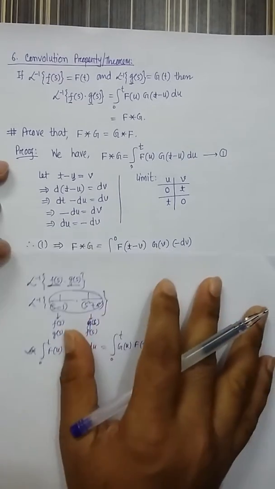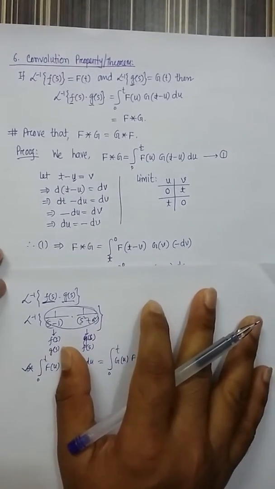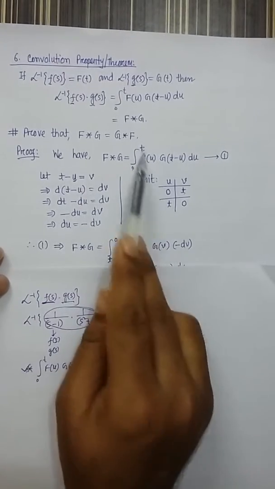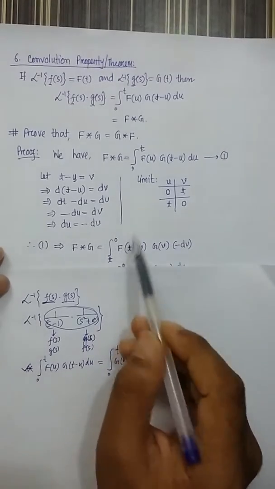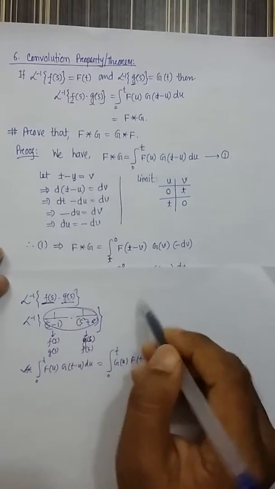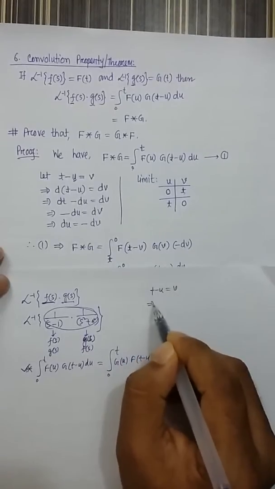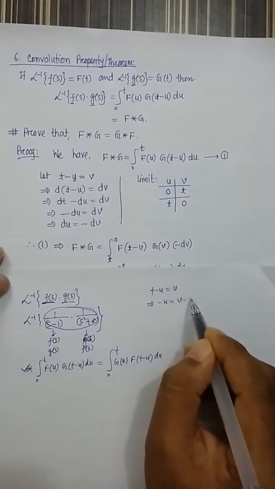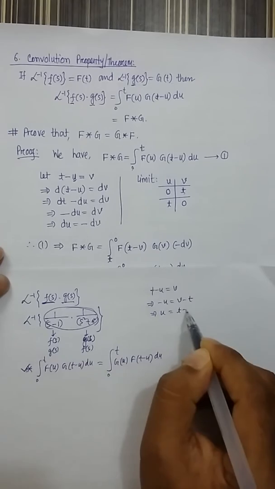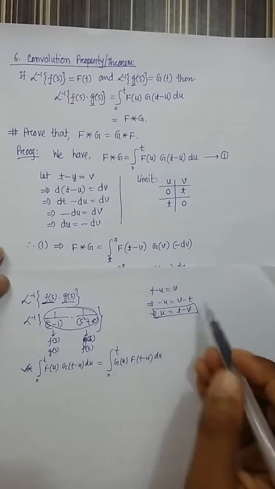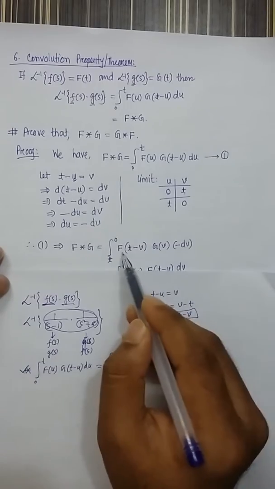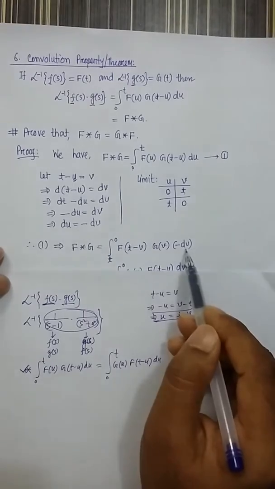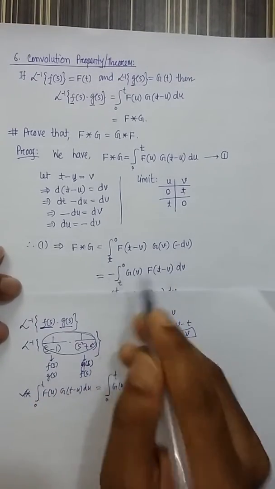Now we will just substitute. Therefore the lower limit 0 becomes t, and t becomes 0, so t to 0. Here we can write t minus u equals v, so minus u equals v minus t, and u equals t minus v. So we have written f of (t minus v), and since t minus u equals v, g of v and minus dv. This minus comes first.